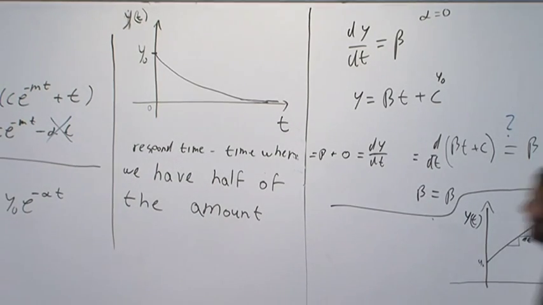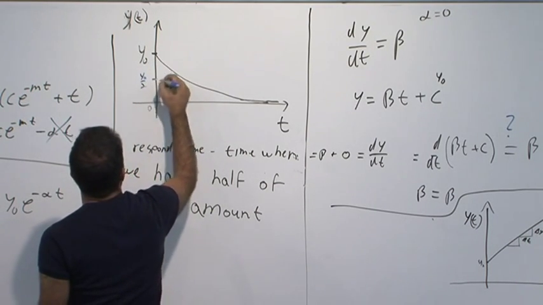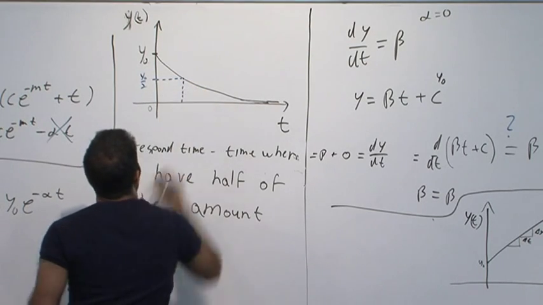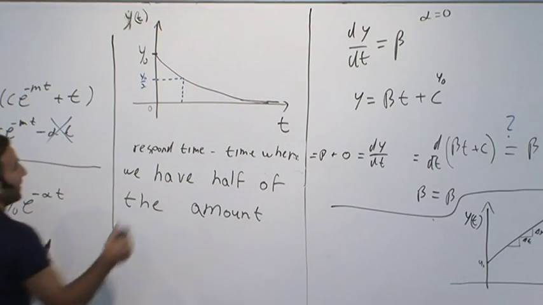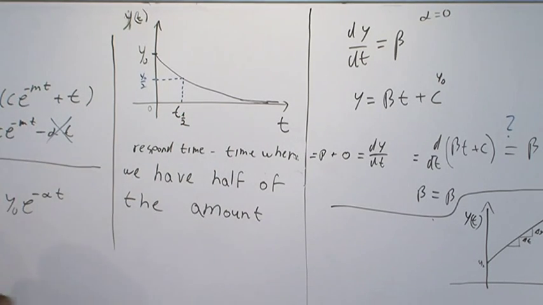What does it mean? If this is y0, we can ask when it will be equal to y0 over 2. f of the amount, and we symbolize it by t1/2, which will give us some intuition of how fast this system responds.